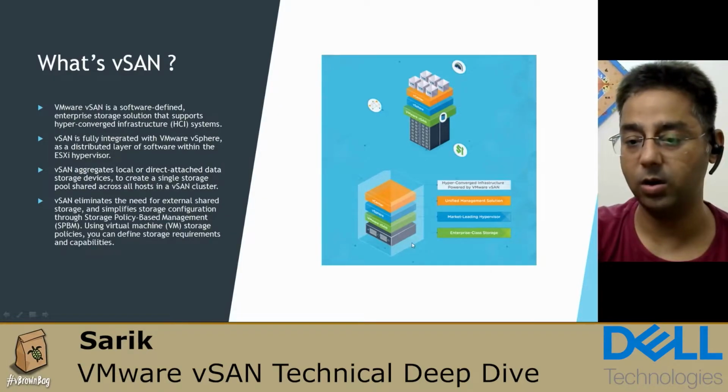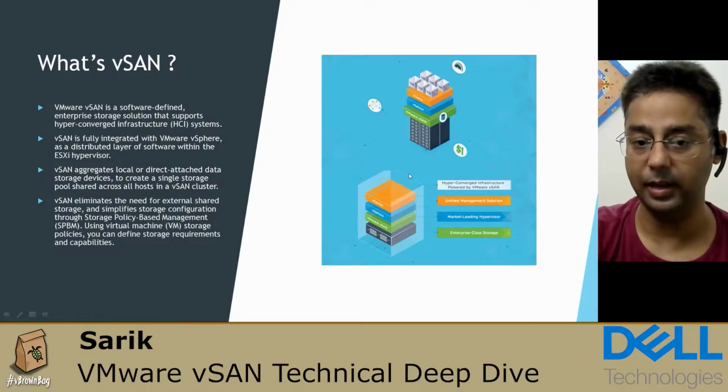When we have locally attached storage within the server, it will use the existing local storage and create a vSAN pool, and on top of the vSAN pool we will have a dedicated datastore, and in that datastore we have a vSAN file system.